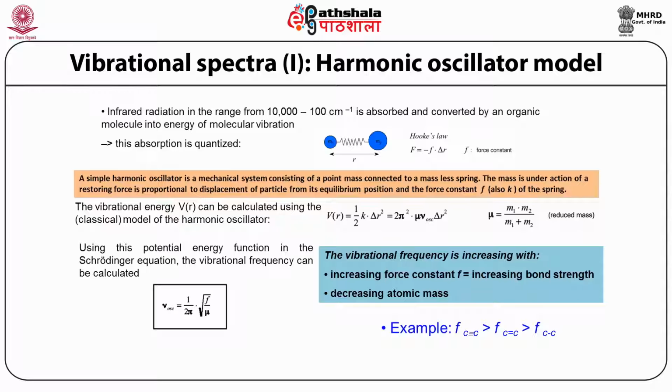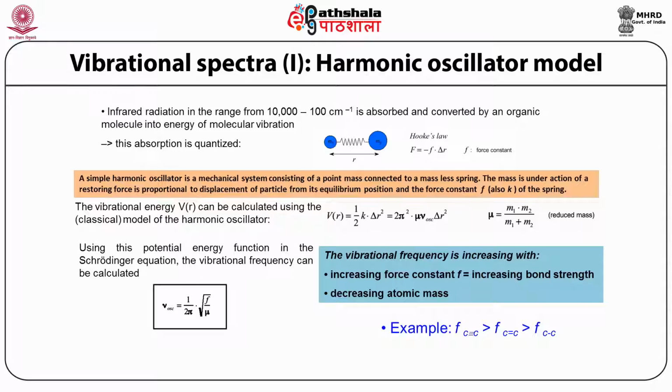Hooke's law is F equals minus f times delta R, where small f is the force constant. A simple harmonic oscillator is a mechanical system consisting of a point mass connected to a massless spring. The mass is under the action of a restoring force proportional to the displacement of the particle from the equilibrium position, with force constant f, also k, of the spring.